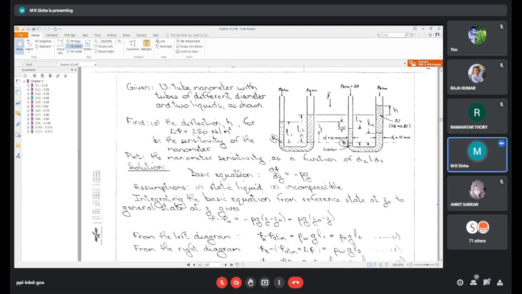Here A and B are on the same reference line, which means at that point the pressure in all limbs is the same. So first, this is the basic idea about pressure at a certain line.